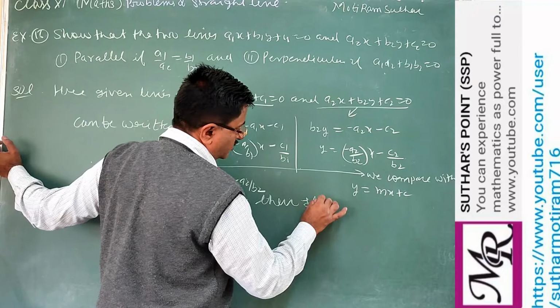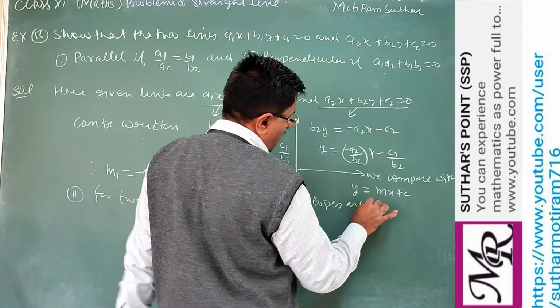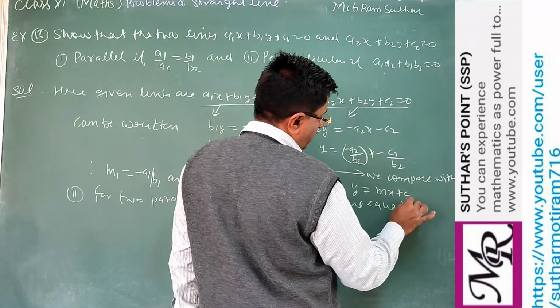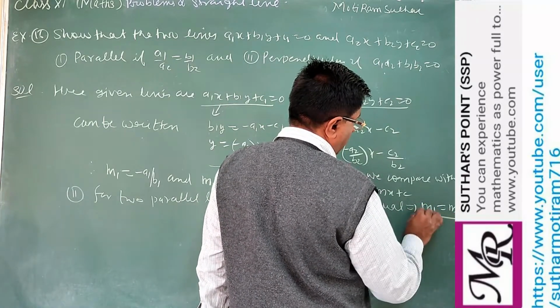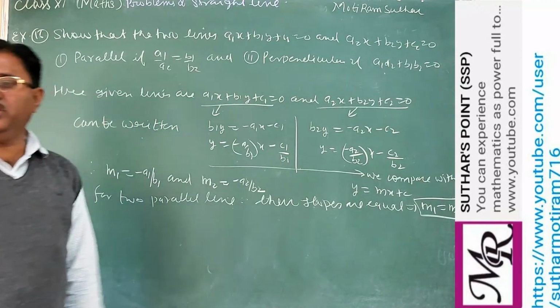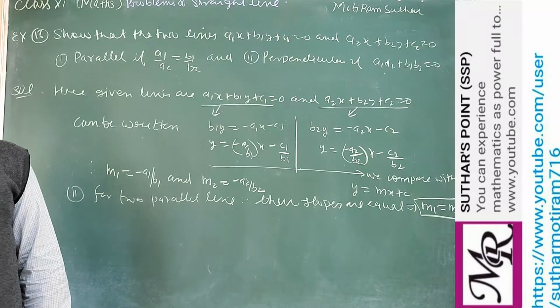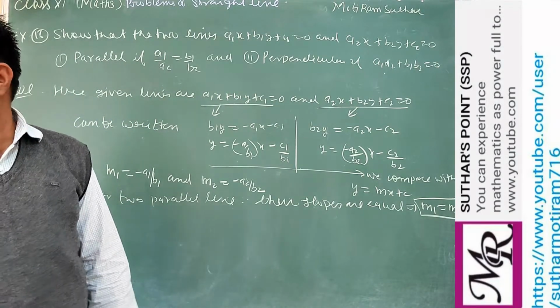In the previous topic we already saw that if two lines are parallel, then their slopes should be equal. So m1 = m2.